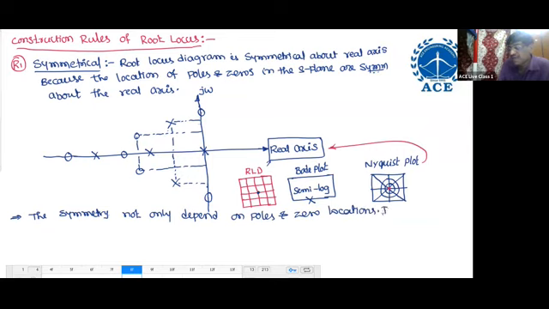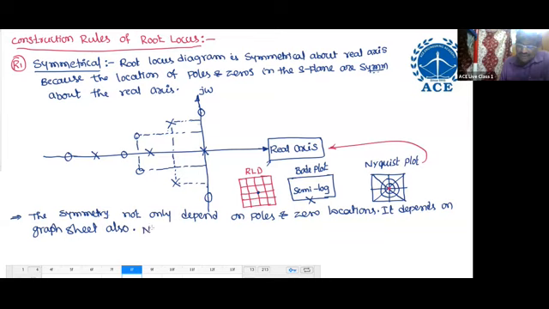It depends on the graph sheet also, on which the plot is constructed.